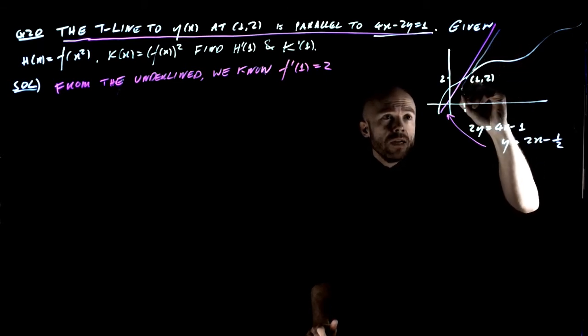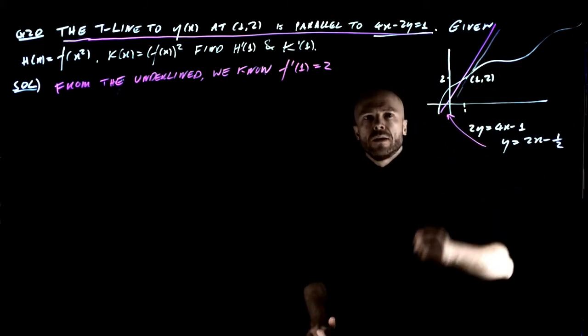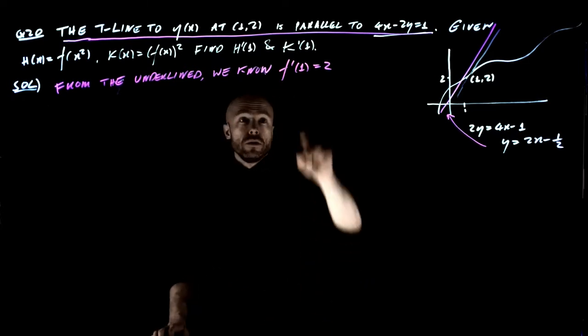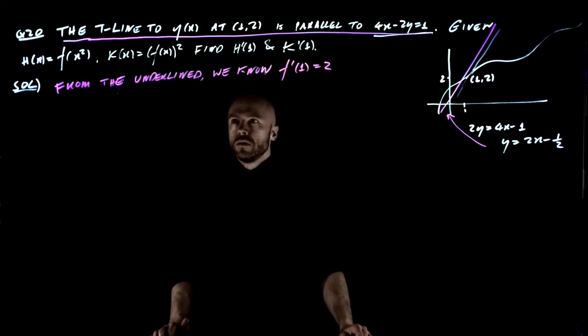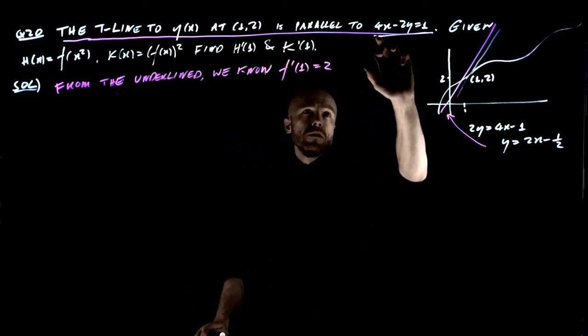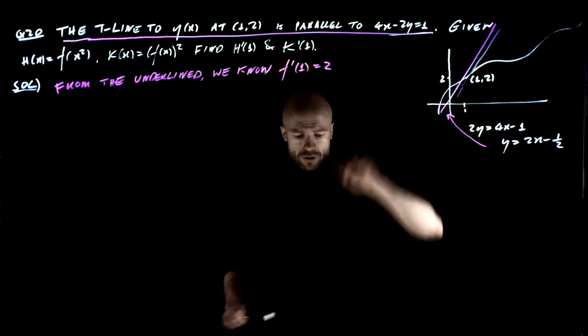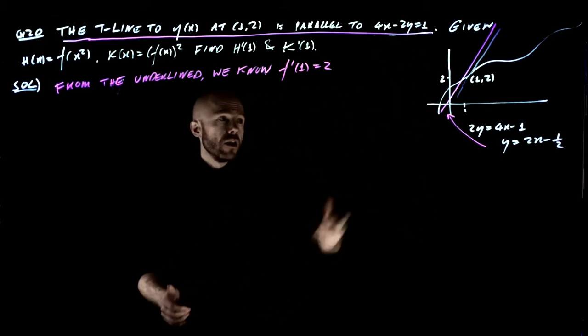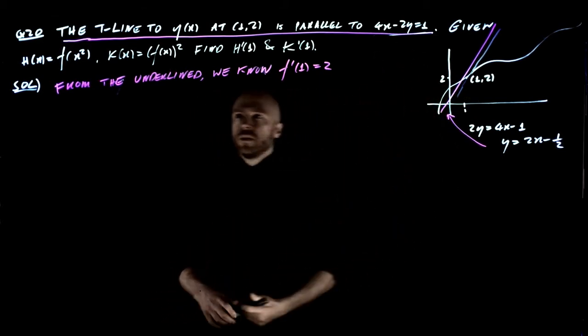And the slope of the tangent line, again, is given by the derivative of the function at 1. And therefore, we know that f prime of 1 is equal to 2. Cool. So that is the way they kind of wrapped it up. That's the clue for us to unravel, which again is not hard if we are drawing the pictures and we know what these things mean.